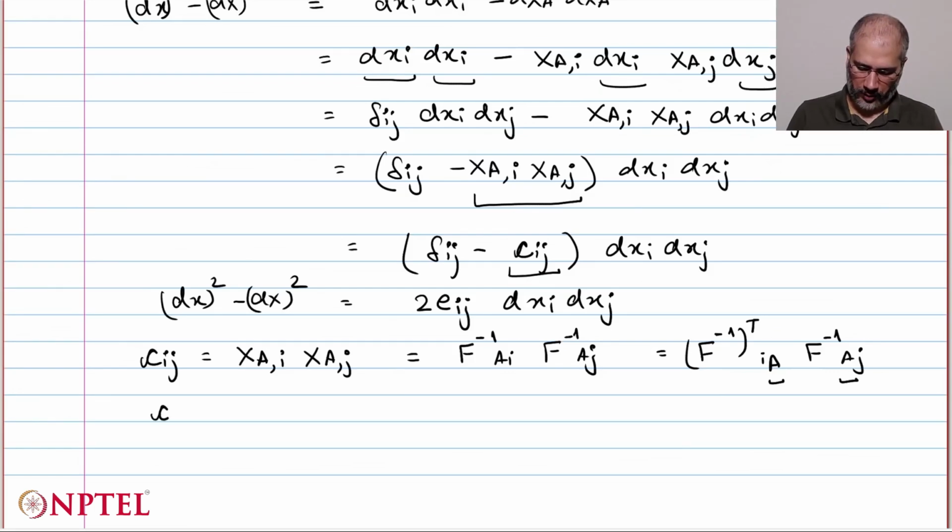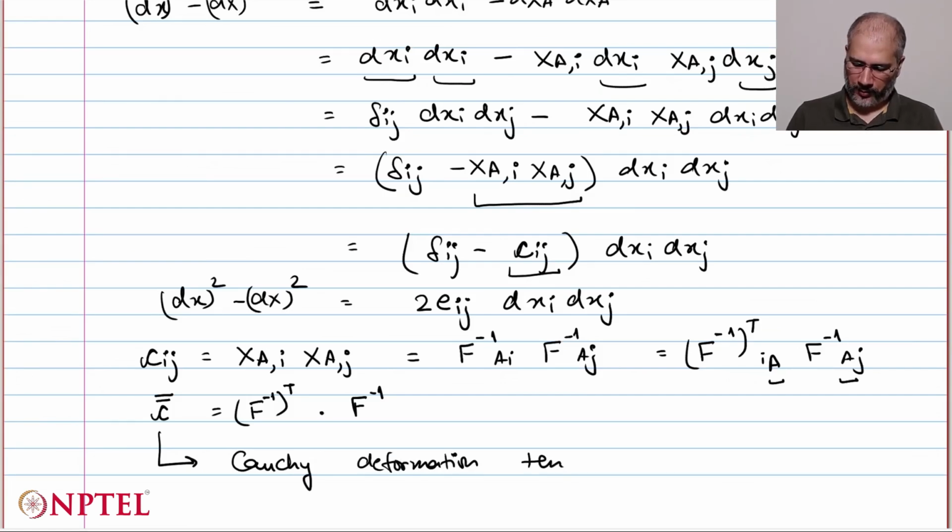So in the symbolic notation, I can write this tensor small c as F inverse transpose dotted with F inverse. And this small c has a name. It's called the Cauchy deformation tensor. And you can again see that this is symmetric because this is a multiplication of the quantity and its transpose.